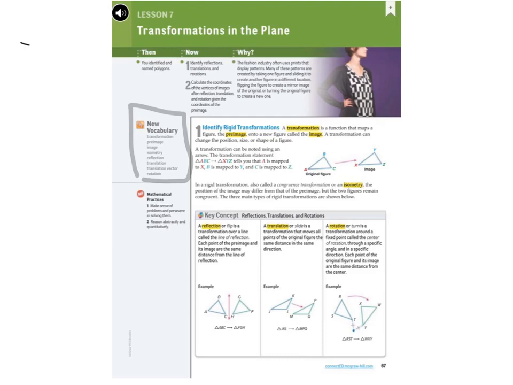So a transformation is a movement, a function that maps a figure from its original figure, which is called a pre-image, onto another image. Now, if you look at the diagram that we've got here, they're moving the original figure, which is the pre-image ABCD, and they're translating it into an image.